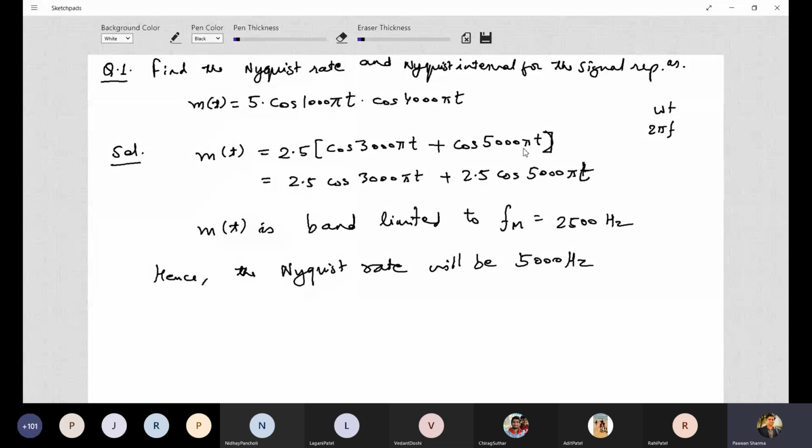And the Nyquist interval is just the reciprocal of this: 1/5000 in seconds, which is around 0.2 millisecond. Very simple question. Is it okay? Everyone clear with it? Please, can anyone confirm? Yes, sir.